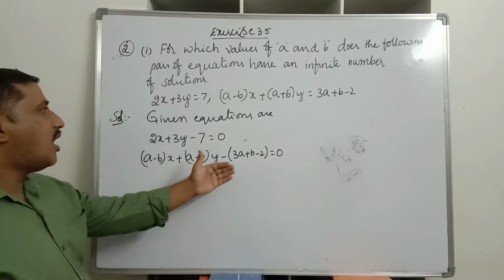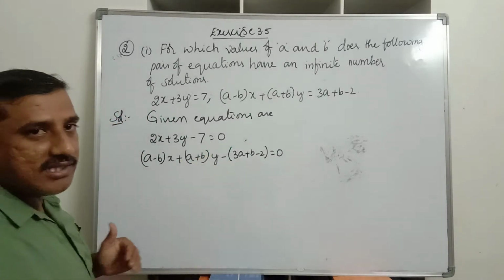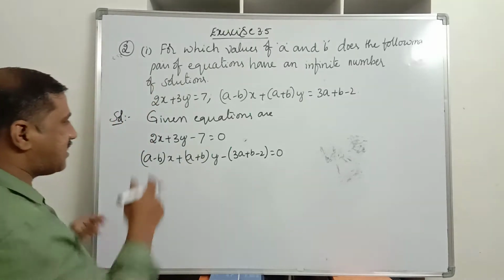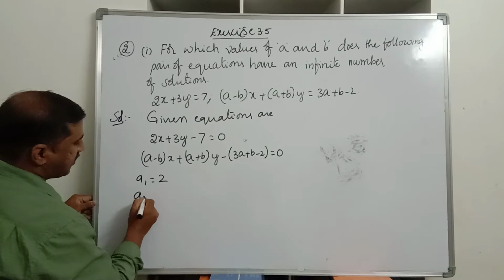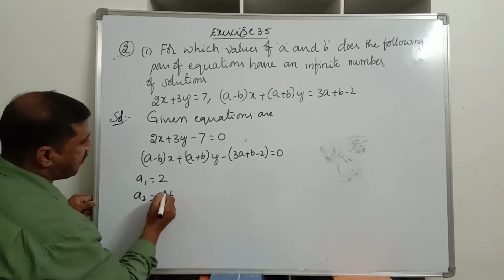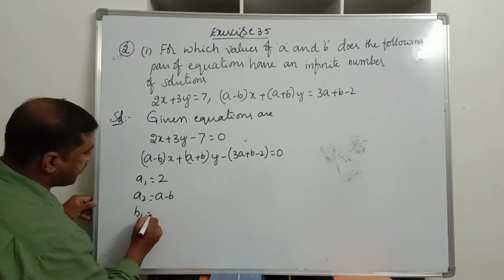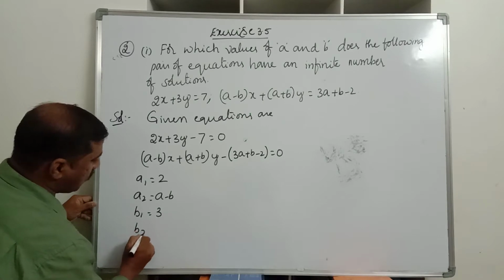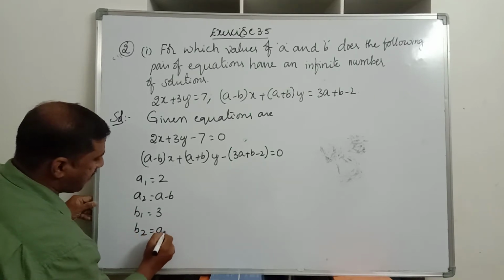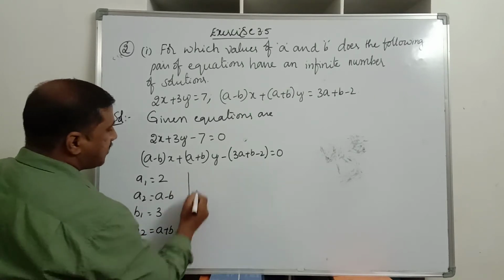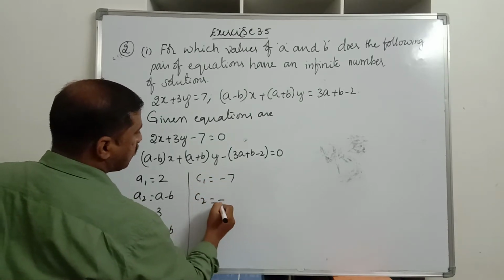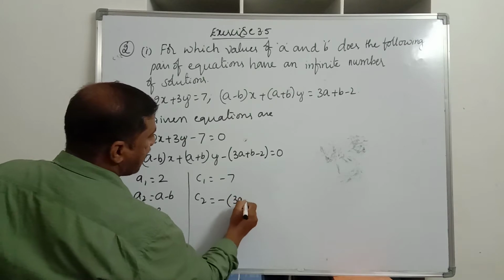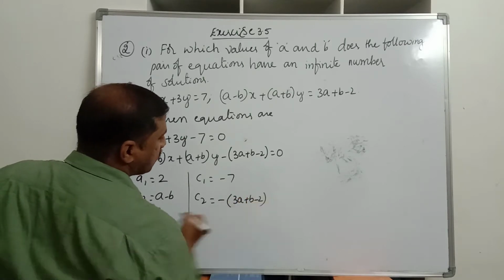Now what to do? You compare this with the general form of pair of linear equations and write a1 is equal to 2, a2 is equal to a minus b, then b1 is equal to 3, b2 is equal to a plus b, then c1 is equal to minus 7, c2 is equal to minus of 3a plus b minus 2.